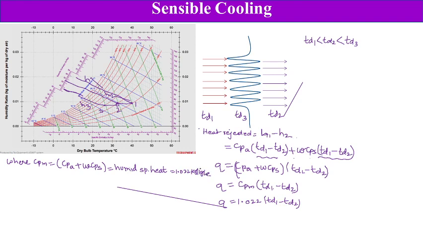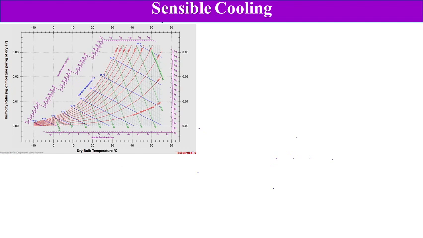So now further, the sensible heat per minute added or removed can be given as, if we multiply this factor mCp delta T, so sensible heat per minute is given by a mass of air Ma into CPM, that is humid specific heat CPM, into delta T, where delta T is the difference in temperature.